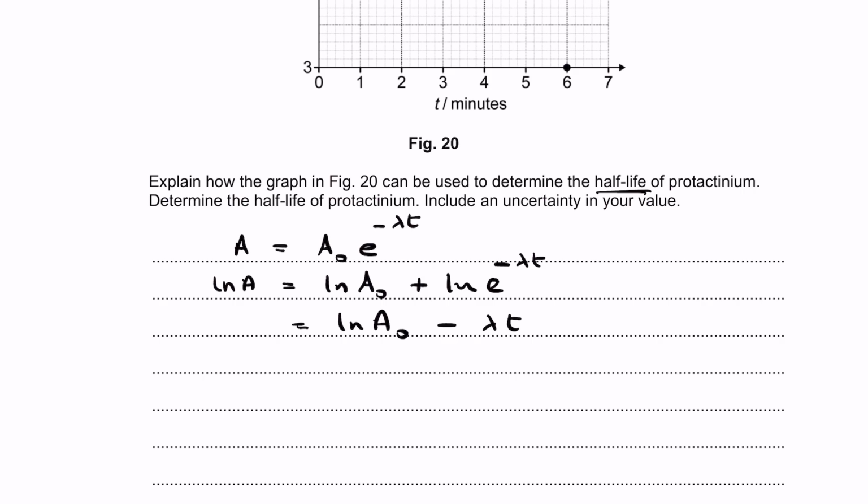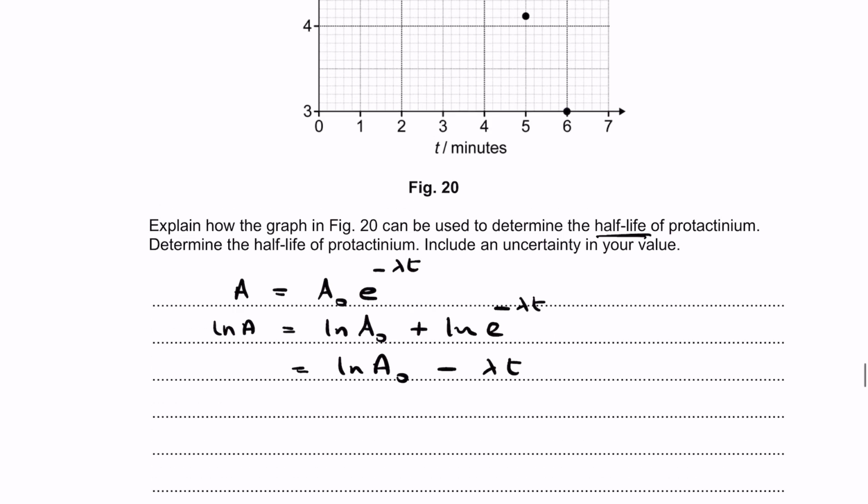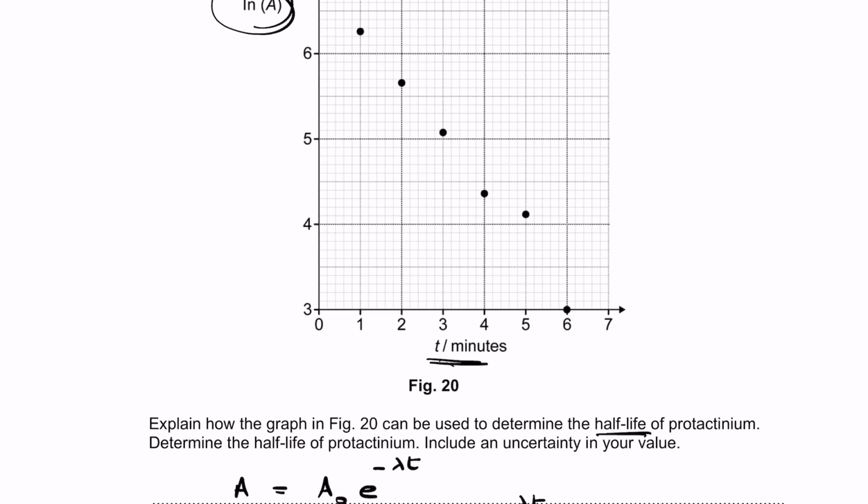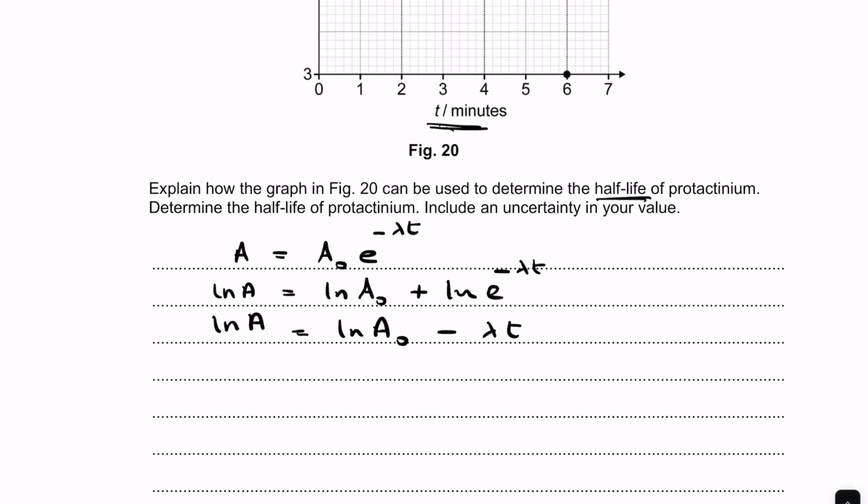Now this equation is useful because we can compare it to this graph where t is on the x-axis. We know that m is the gradient, and the gradient is the decay constant.